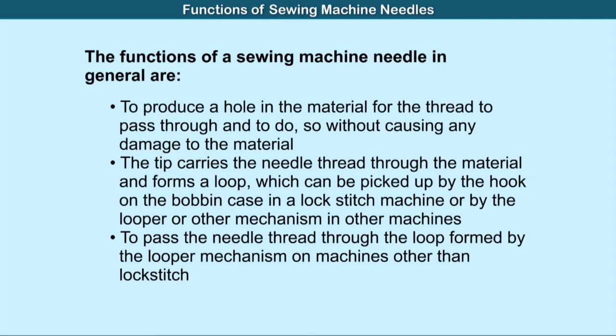The tip carries the needle thread through the material and forms a loop which can be picked up by the hook on the bobbin case in a Lockstitch machine, or by the looper or other mechanism in other machines.